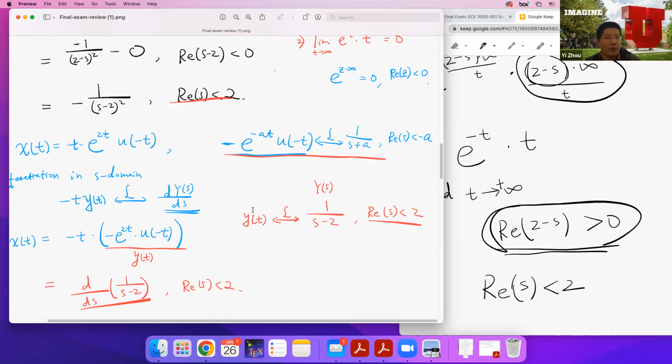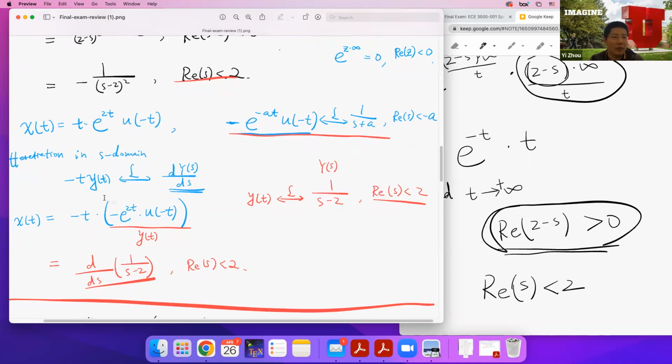So we define y(t) in this way by setting a to be -2. And then this table tells us that y(t) has such a Laplace transform with such a region of convergence. You simply plug in a equals -2. So this is the Laplace transform for y(t).